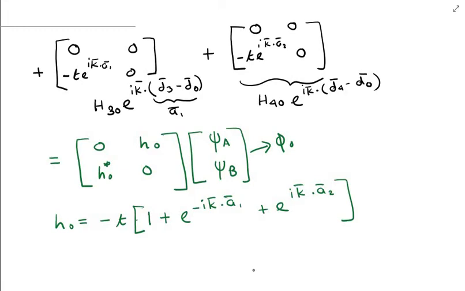Okay, so we have now arrived at the equation where E phi 0 is equal to this matrix times phi 0. So E is precisely then the eigenvalue of this equation over here.